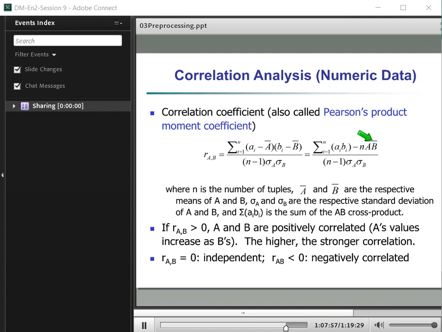N is the total number of records, and a_i and b_i are the values of those features for a specific row, and sigma A and sigma B are the standard deviations of feature A and feature B.